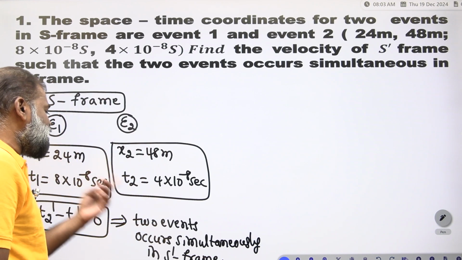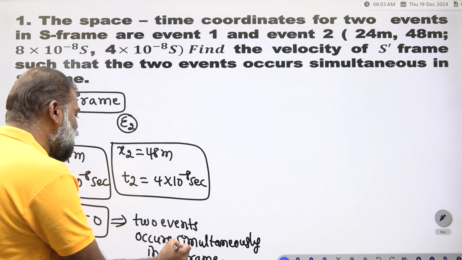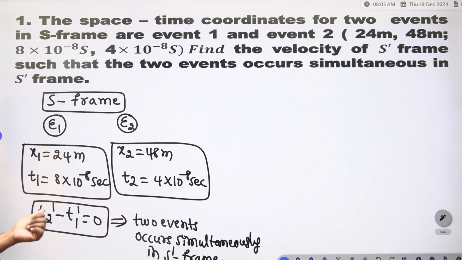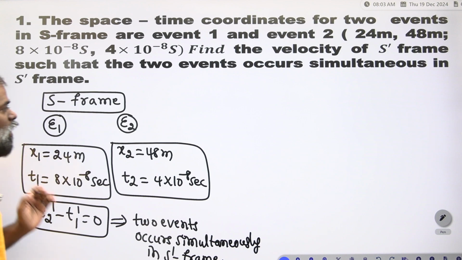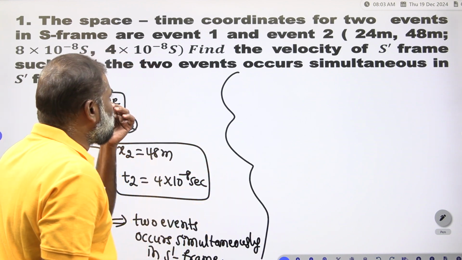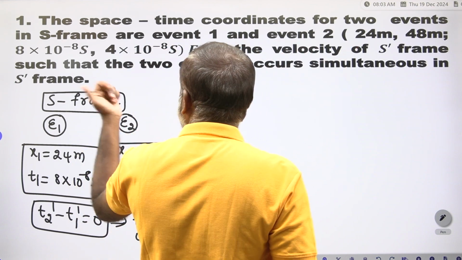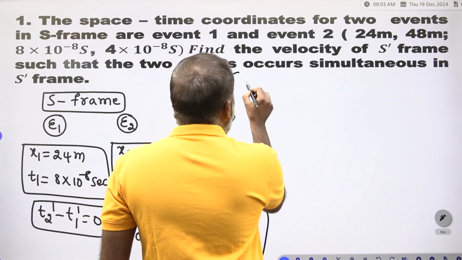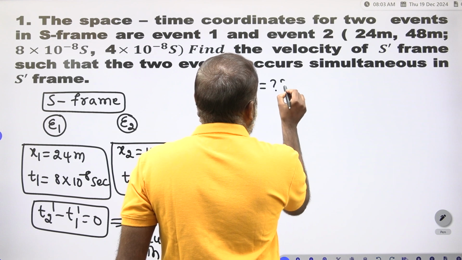So when the two events occur simultaneously in the S dash frame, we consider T2 dash minus T1 dash is equal to 0. Therefore, we have to find the velocity v of the S dash frame, which they are asking.